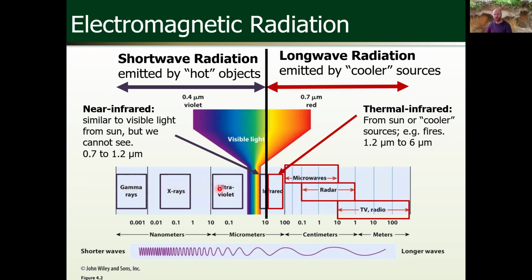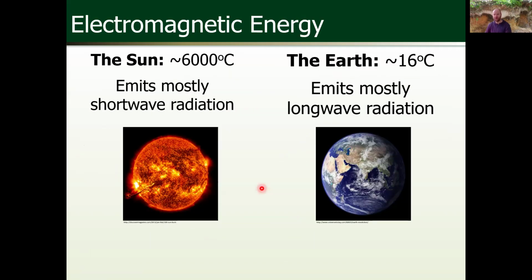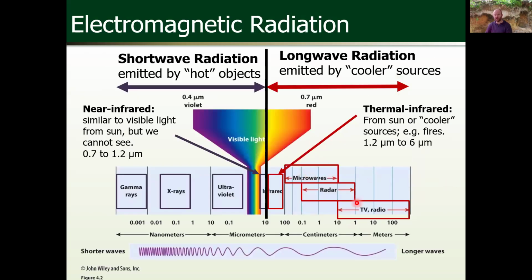So the sun is emitting all of these shortwave forms of radiation, where the Earth, a cool object, is emitting energy mostly as long wave radiation. So the majority of Earth's surface here is emitting energy, and largely in our thermal infrared spectrum.